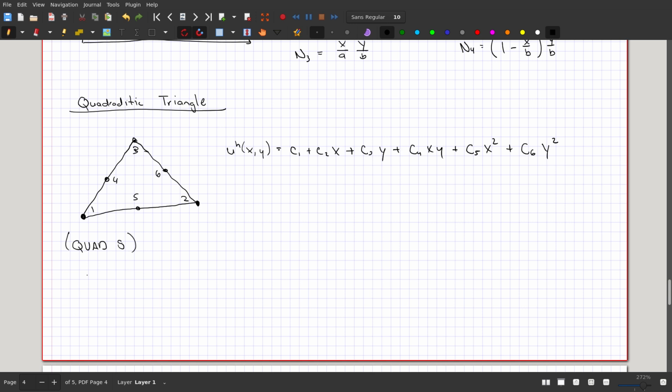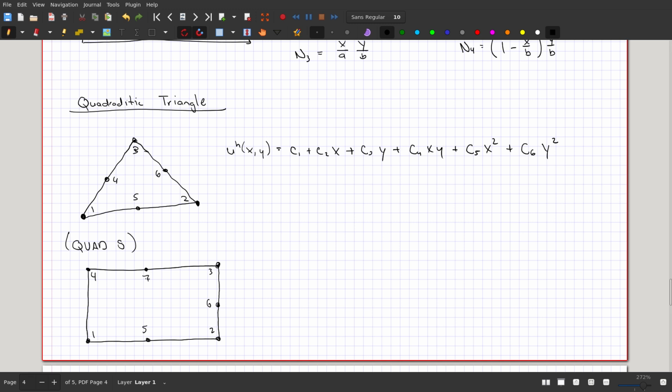So that we have the node numbering scheme. So for this we'd have 1, 2, 3, 4, and then mid-side nodes 5, 6, 7, 8.